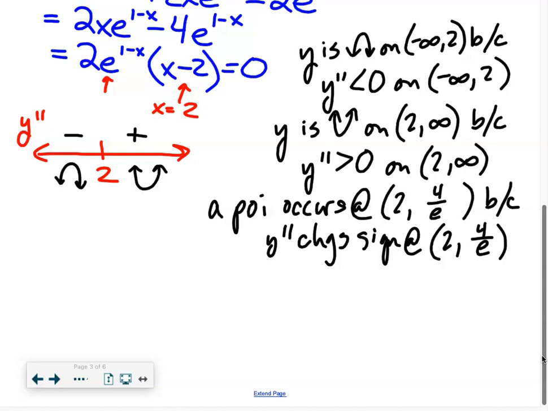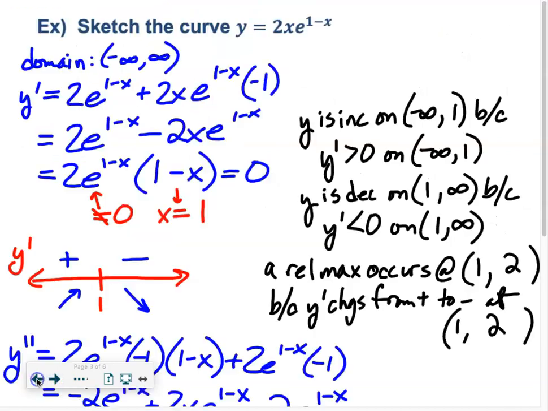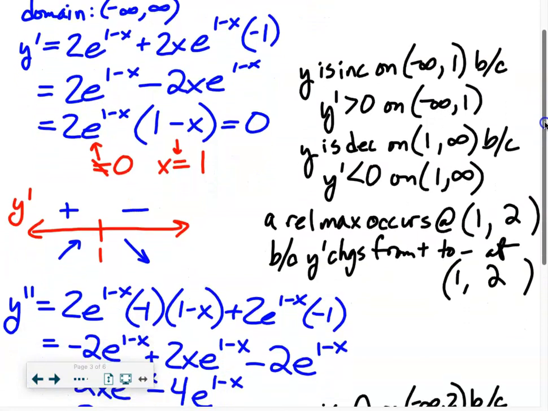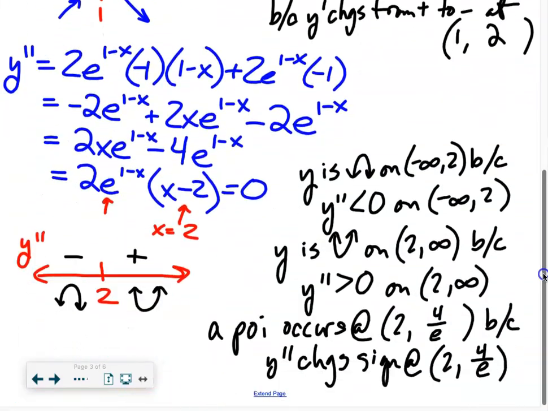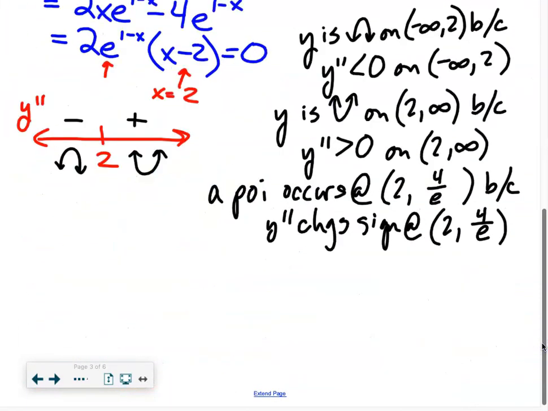The next thing that we're going to do now is make what I like to call a big F sign line. A big F sign line is where you take everything that you've done so far and put it on one great big line. This is a make your own grid. Our first sign line only has a 1 on it, and it's positive and negative, so increasing, decreasing, and then the second sign line has a 2.